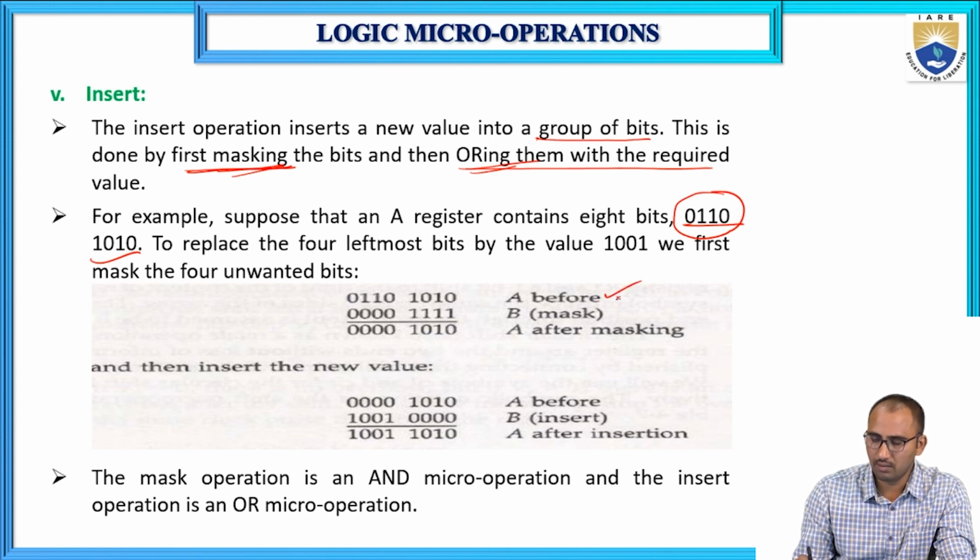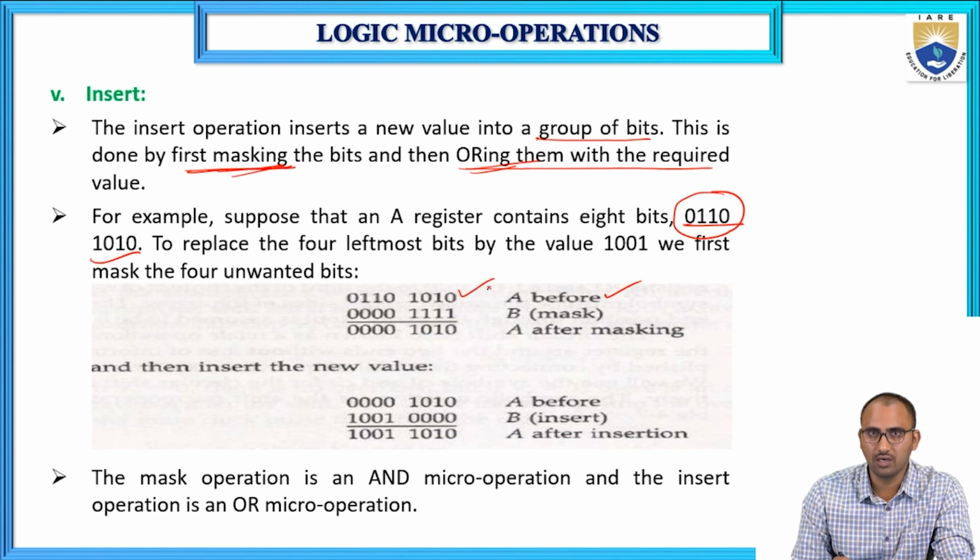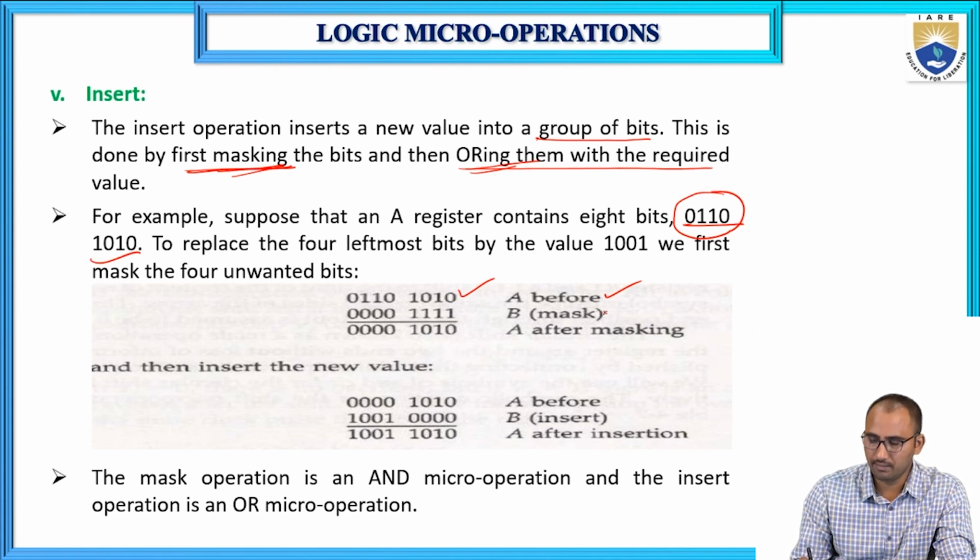So A register before is 0110 1010. This is the contents of the A register before performing the mask operation. Next, the B register. The B register is 00001111.